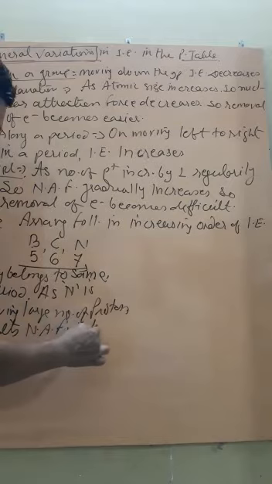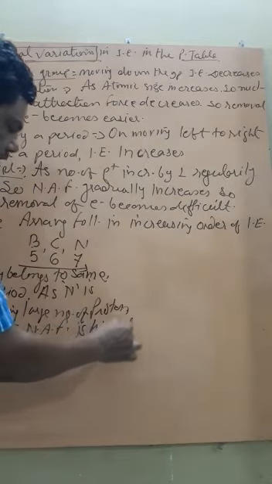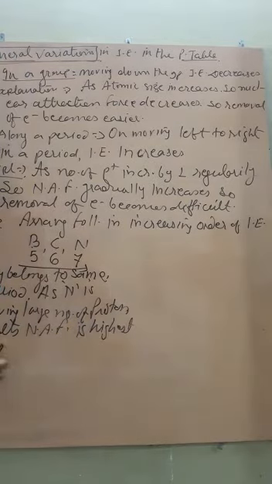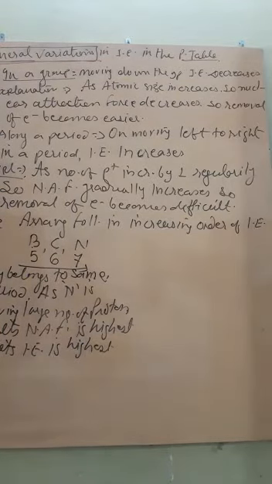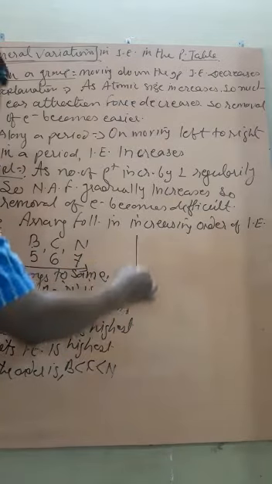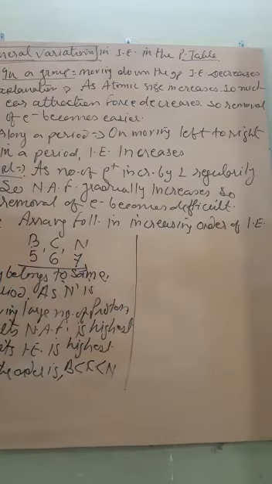So its nuclear attraction force is highest. So its ionization enthalpy is highest. So the order is: B, then more for C, and then highest for nitrogen. So in this way you can give the answer.